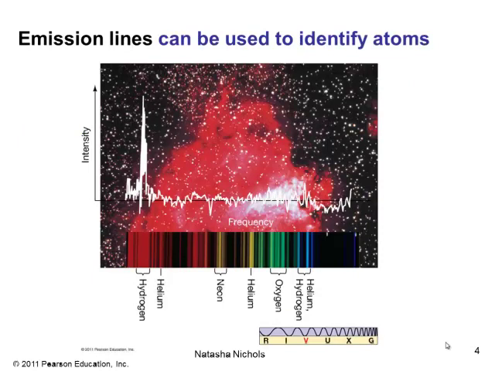Emission lines can be used to identify atoms. So when we take the spectrum of this emission nebula, we should be able to tell what it is made of. This is a picture of the visible spectrum of the Omega Nebula designated M17.